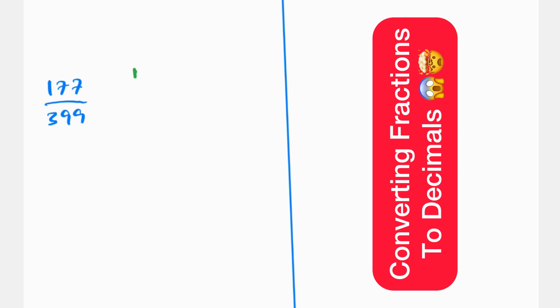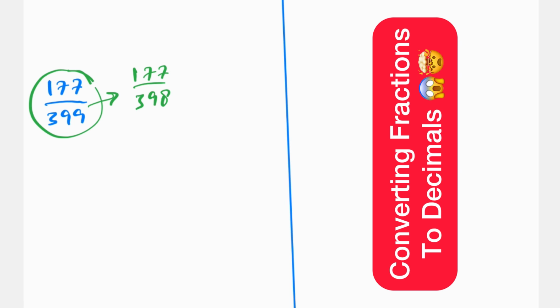Here let me tell you other variations. 177 over 398 can be done exactly as 177 over 399, but with doubling of the last pair of digits before dividing.